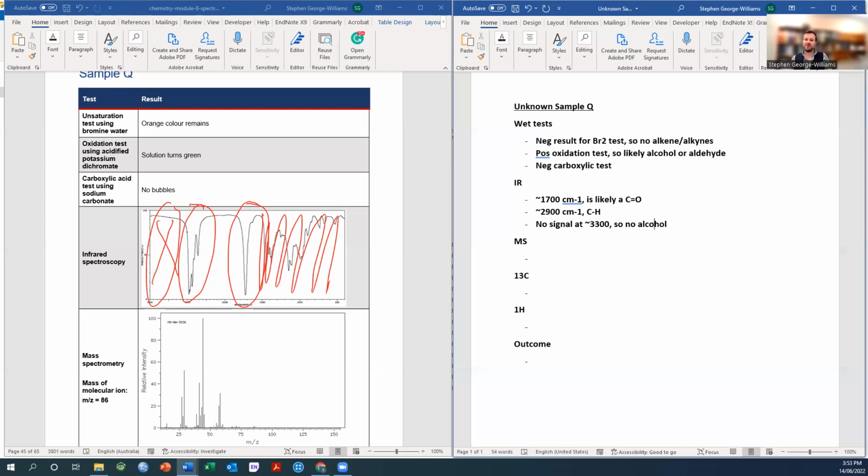But it does help us narrow down that, well, I thought I had an alcohol or an aldehyde. At this point, I'm more likely to have an aldehyde in the system. It's worth noting that I said maybe the ester could be there for that carbonyl, but I had the positive oxidation test. Esters can't be oxidized under those conditions. So unlikely to be an ester either. We're really likely looking at an aldehyde at this stage.